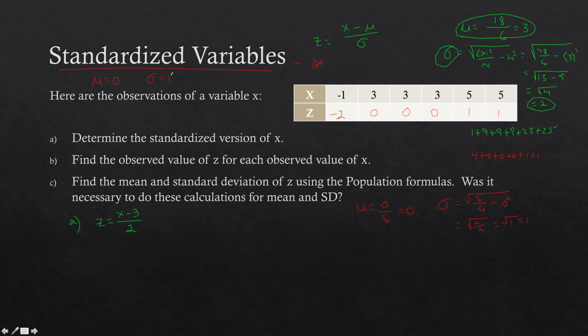Now, to make this make a little more sense to you, think of your number line. We have -1, 0, 1, 2, 3, 4, 5. Now, look up here. What did we find that the population standard deviation was? We found that it was 2. So this is our mean right here at 3.